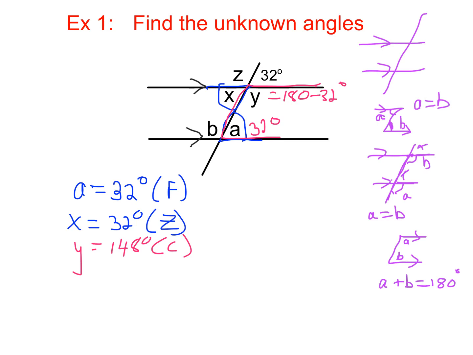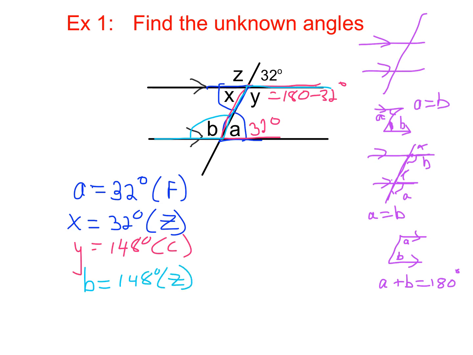All right, so we are narrowing down our angles that are unknown here. If I go like this, like this, like this, then I hope you can see that I've made sort of an inside-out Z pattern, and I know angle Y is 148, and so that tells me that angle B is also 148 because Z pattern angles are always equal.